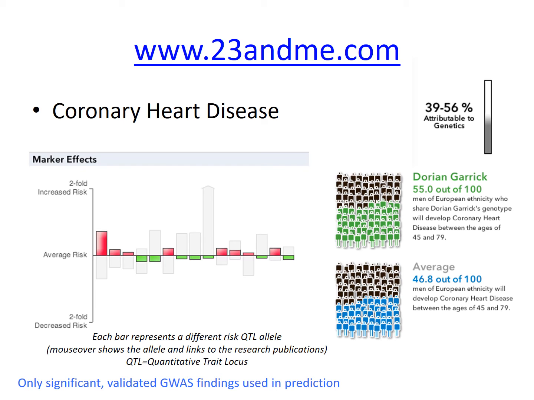Now, in these particular cases with humans, they only use significant, validated genome-wide association studies to do the predictions. Whereas when we do these things with animals, we tend to use every SNP that is on the chip.